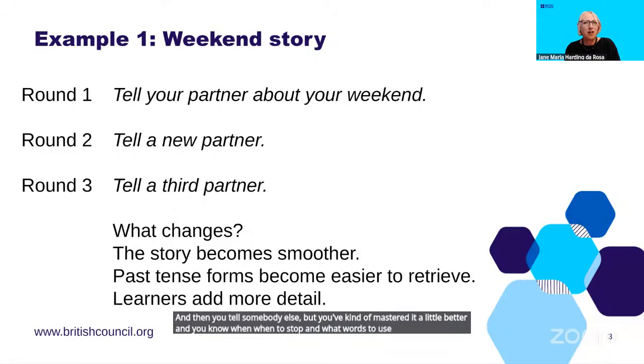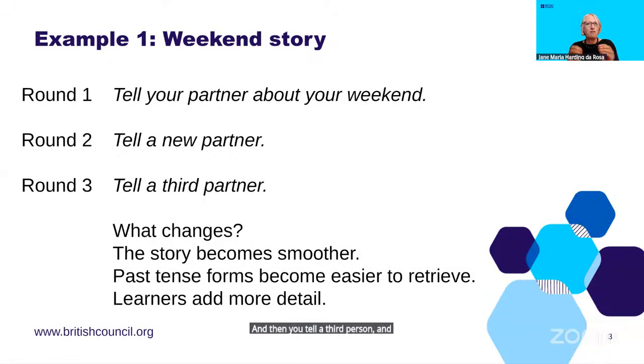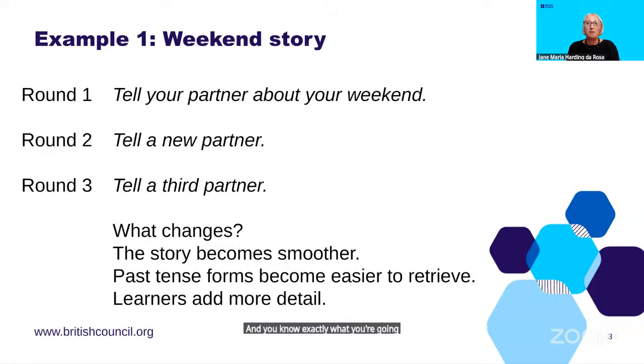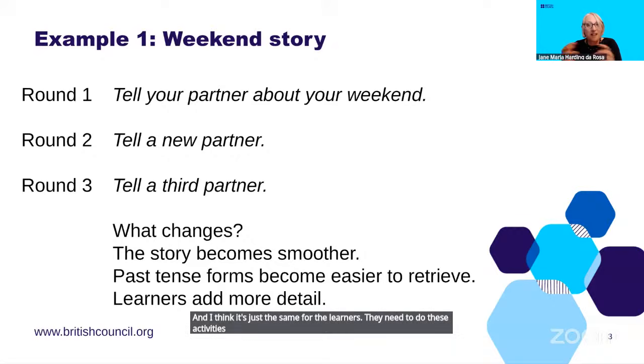And then you tell a third person, and by then you've kind of mastered that timing and the vocabulary, and you know exactly what you're going to say to make somebody laugh about what happened. And I think it's just the same for the learners. They need to do these activities again and again, the same activity. Okay.